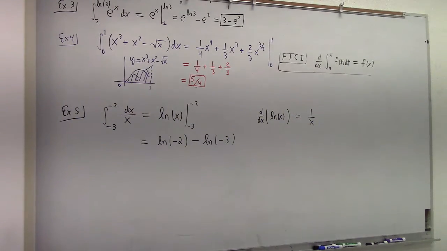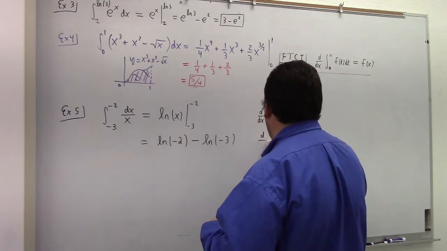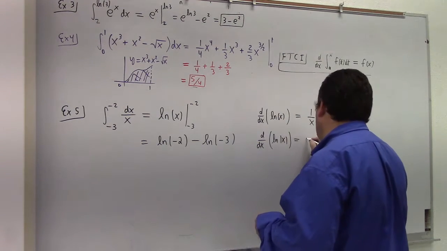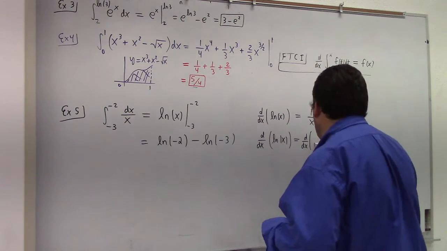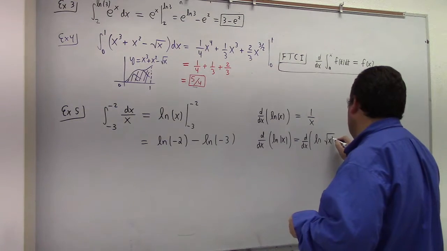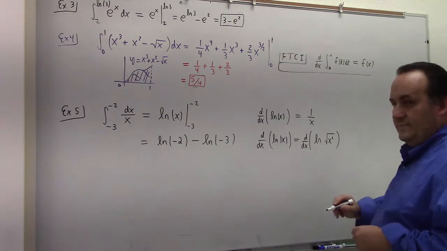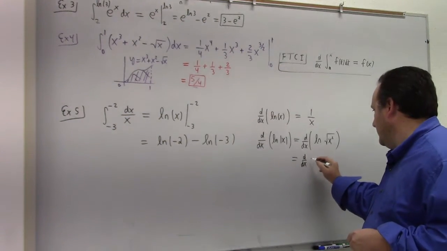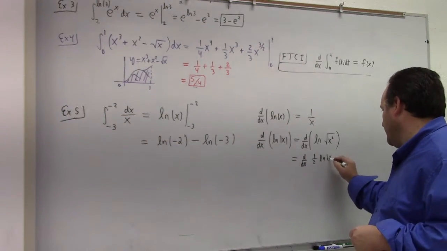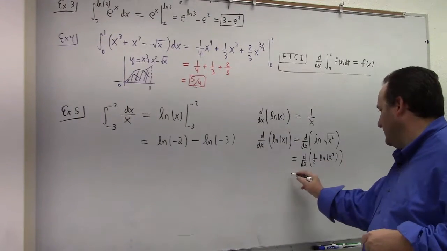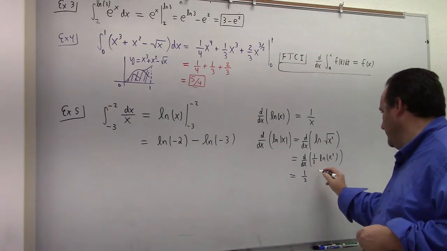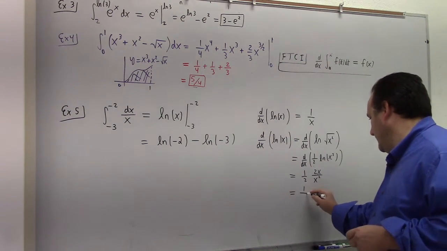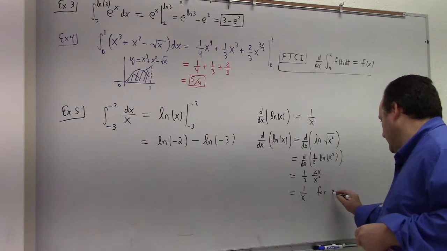See, here's the thing. If you take the derivative with respect to x of the natural log of the absolute value of x, that's d dx of the natural log of the square root of x squared, okay? Which is d dx of 1/2 the natural log of x squared, which is 1/2 times 2x over x squared, which, by the way, is 1 over x, for x not equal to 0.